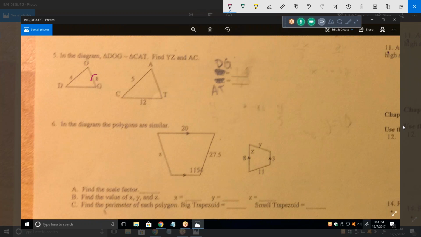This side is to that side as this side is to that side. In other words, it's not just the ratios between the triangles that are the same. It's the ratios within each triangle. In other words, I can say 8 is to 4 as y is to 5. Well, what does that make y?